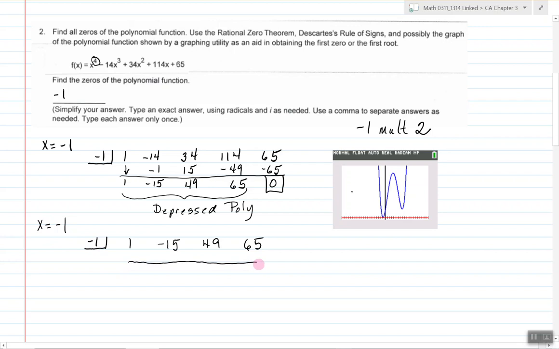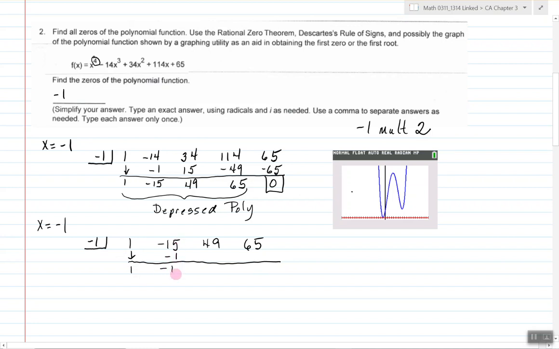If I had numbers like -1 and -7, then I would try -1 and depress it 1 degree, then use -7 and depress it 1 degree. But I don't have -1, -7. I have -1, -1. So here we go. I should get another remainder of 0. Bring down the 1. 1 times -1 is -1.